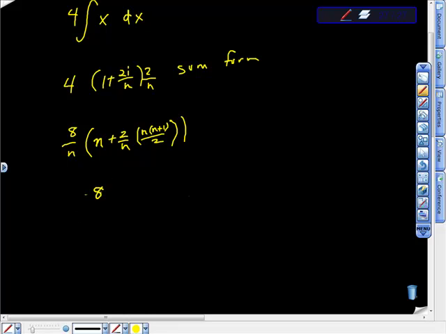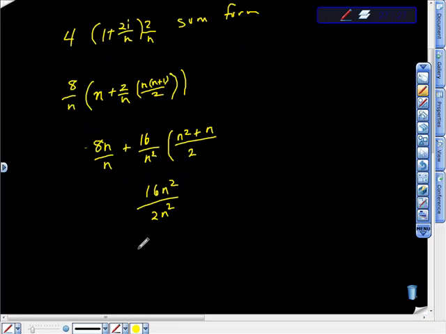And that would give us 8n over n plus 16 over n squared times n squared plus n over 2, which would give us 16n squared over 2n squared, which is 8.